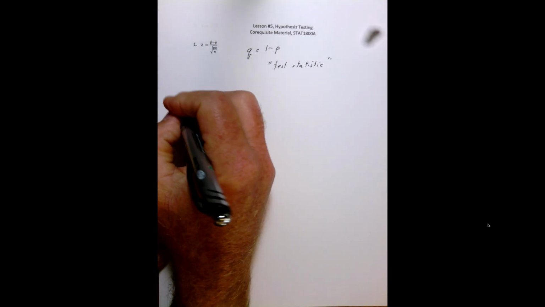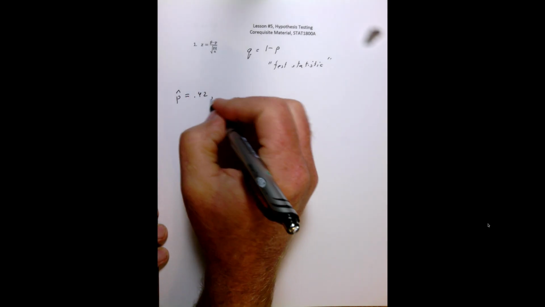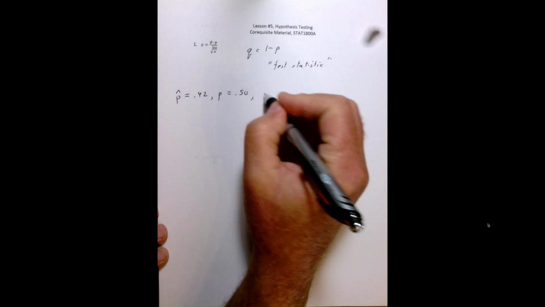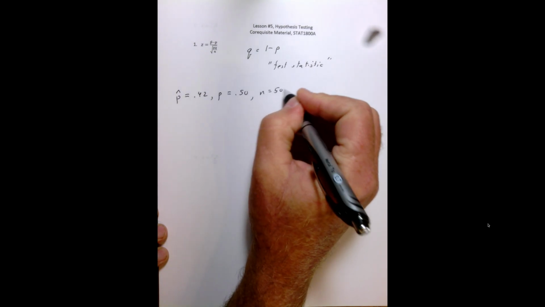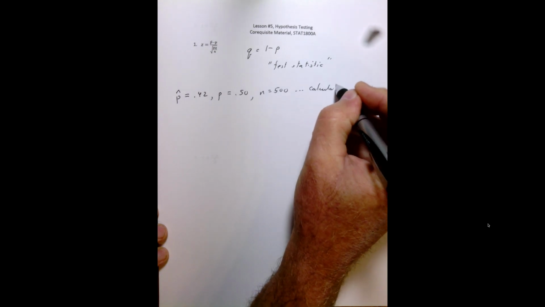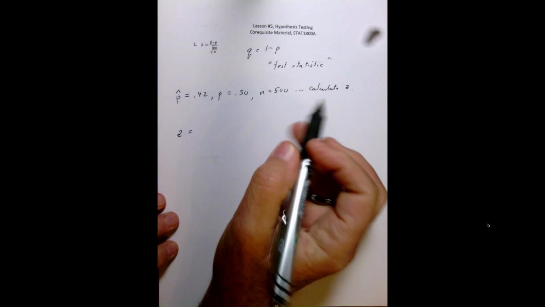So let's say that p hat is 0.42, and p is 0.50, and n is equal to 500. We need to calculate Z, which is the test statistic. It's pretty easy. First thing, just plug and chug.